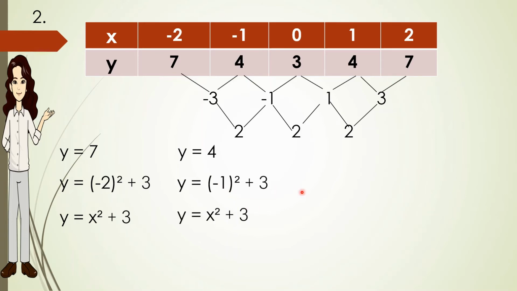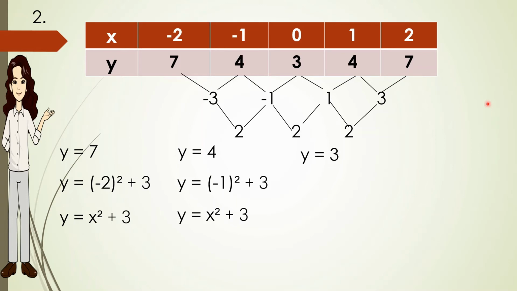So 1 plus 3 is 4. Tama ba yun? Okay, negative 1 times negative 1 is 1, plus 3 is 4. So tama yung pattern natin. So x squared plus 3 is our pattern for the second one. So yung pattern natin magkamukha sa first and the second values.